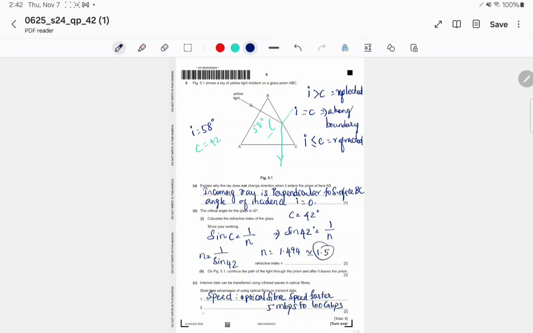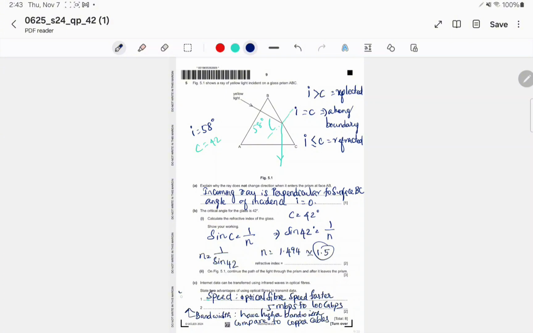Second one I'll write here: bandwidth. Optical fibers have higher bandwidth compared to copper cables, so they can carry more data.